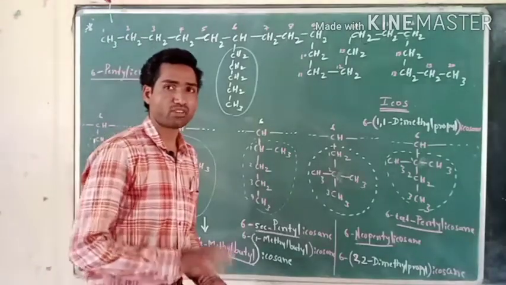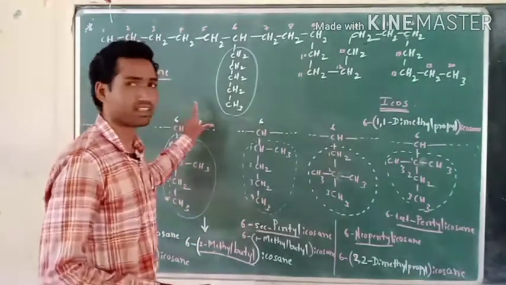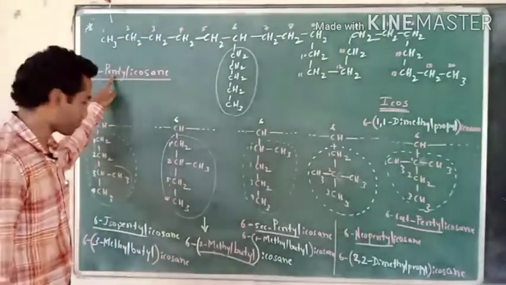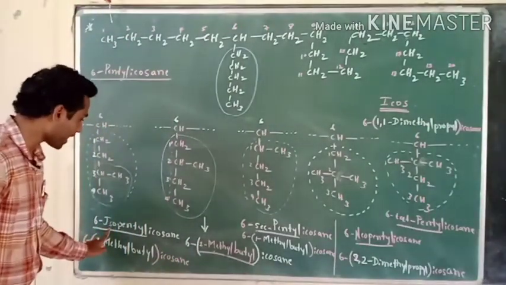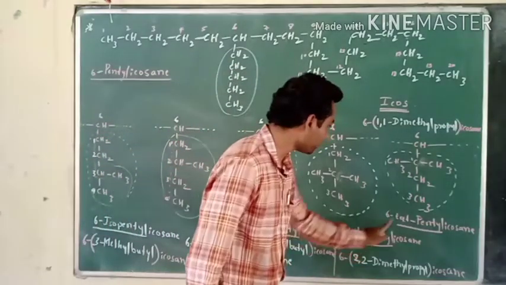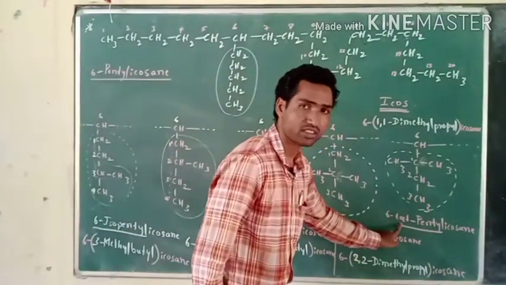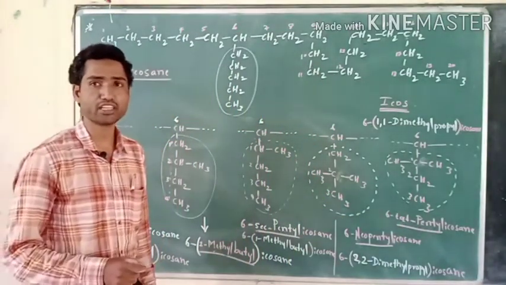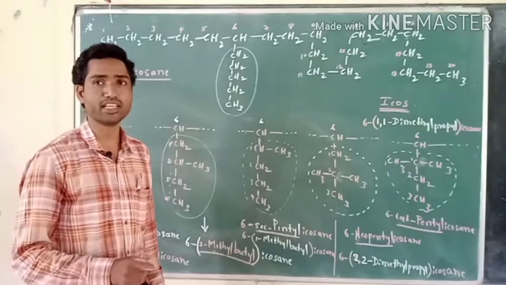Right. So what we have discussed in this case is pentyl, isopentyl, secondary pentyl, neopentyl and tertiary pentyl. These are all the trivial names of the complex substituent containing 5 carbons.